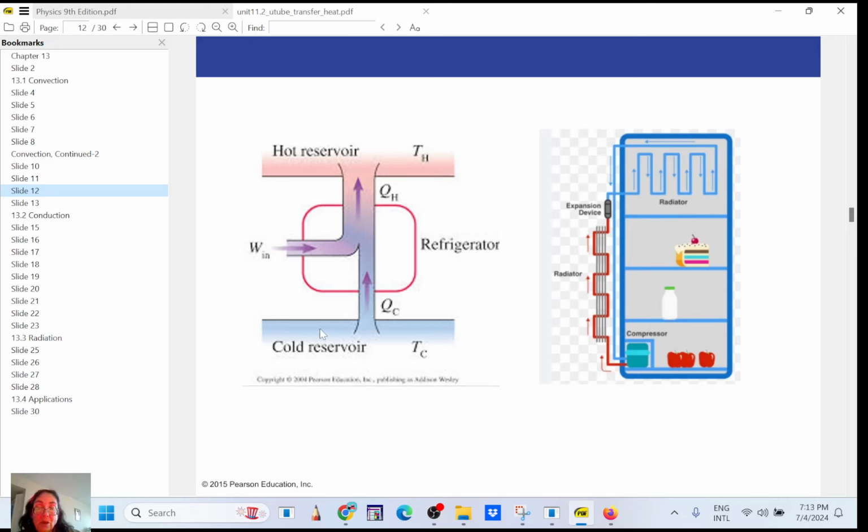So in that case, the hot reservoir will be the inside of the fridge here. So you are taking the warmth from the cold reservoir and dumping it outside. So it means that the fridge will make the inside cooler and the outside hotter.